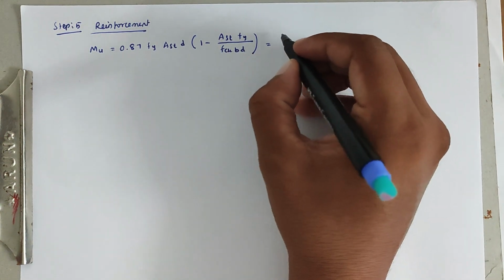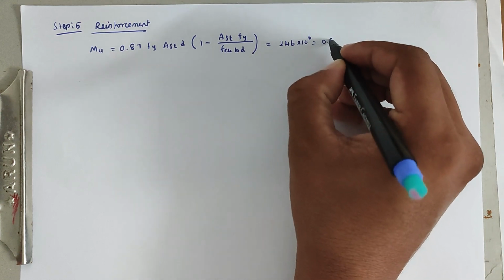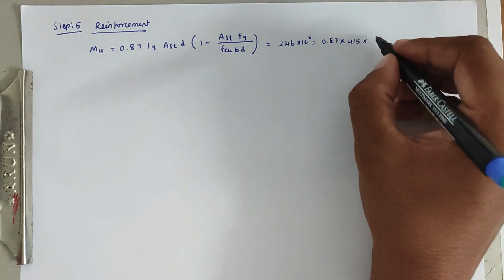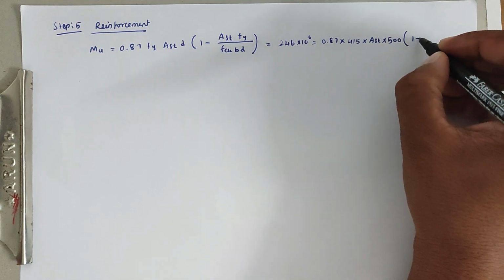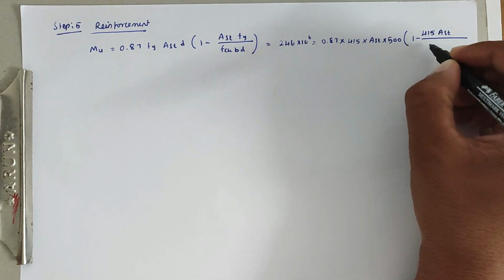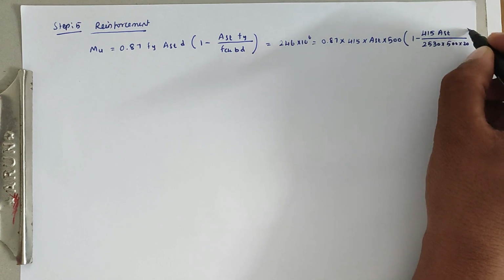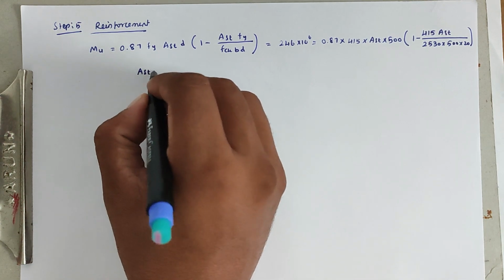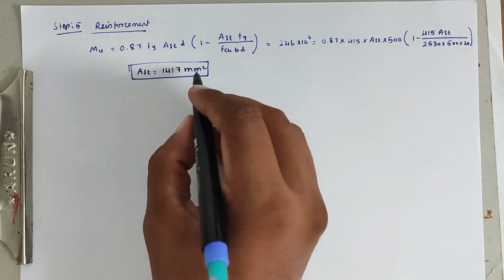MU is 246 into 10 power 6 equal to 0.87 into Fy value 415 into AST into 500, depth is 500, into 1 minus 415 AST divided by 2530 into 500 into 20. Solving this we get the value of AST, which is 1417 mm square.